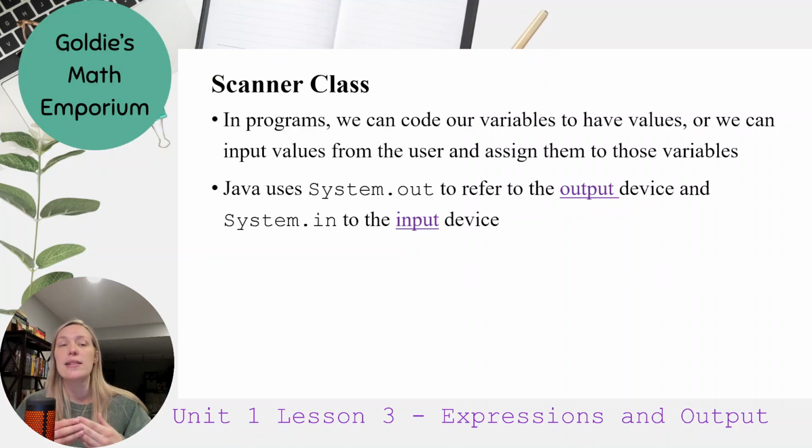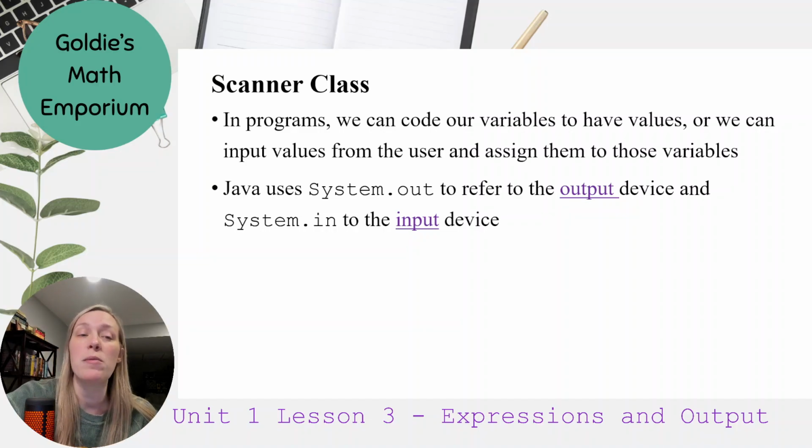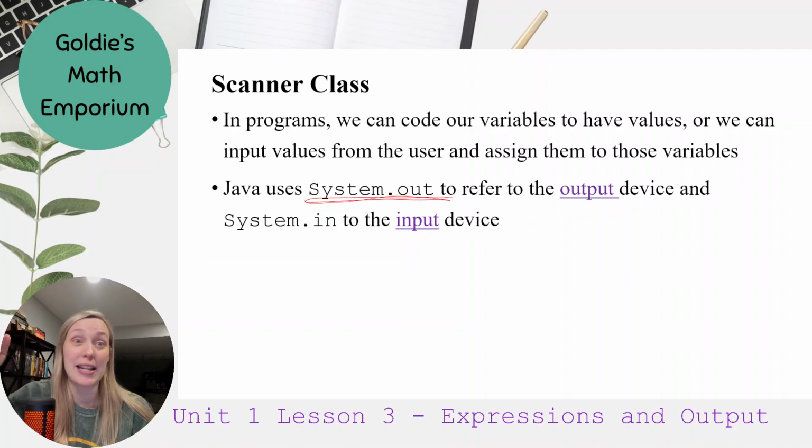Now, the System class itself is part of the java.lang package, which means that we don't have to import it or have an import statement. It's automatically imported in our program, which is why we were able to use System.out without using any extra code, right?